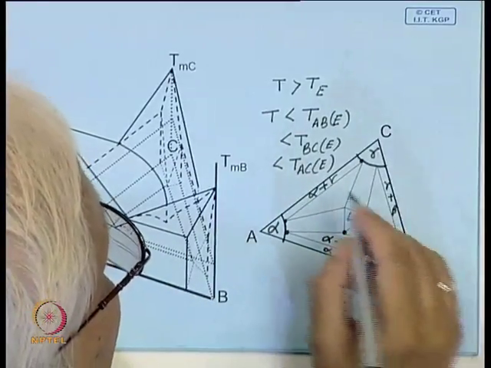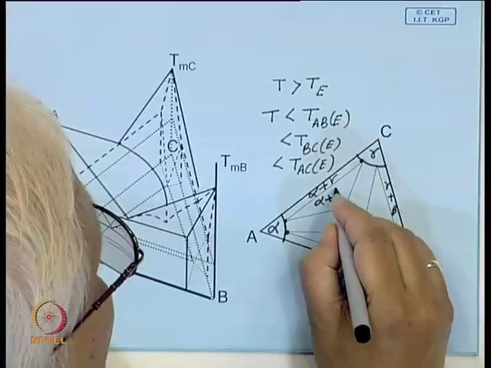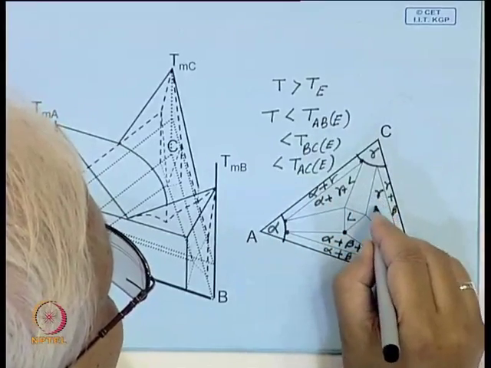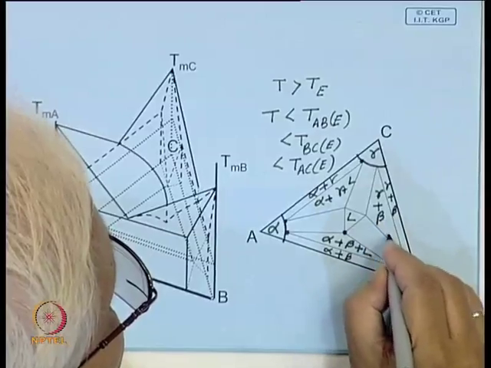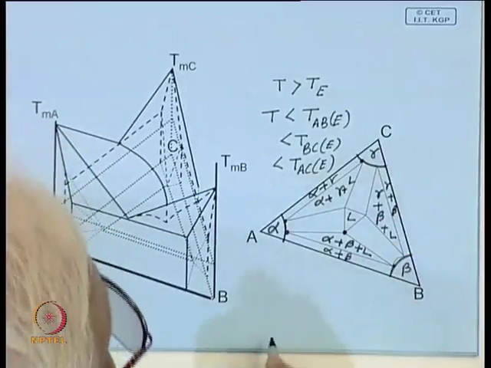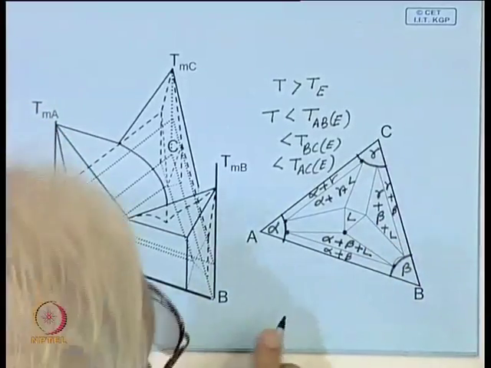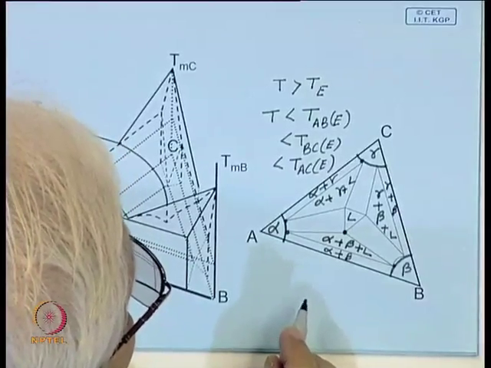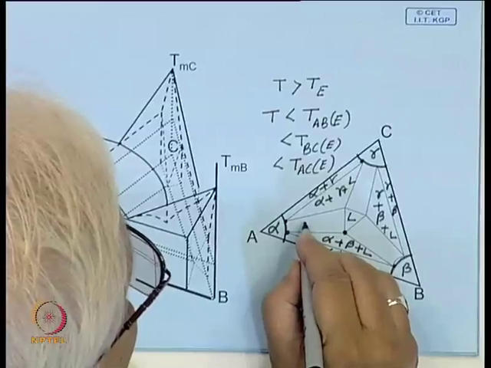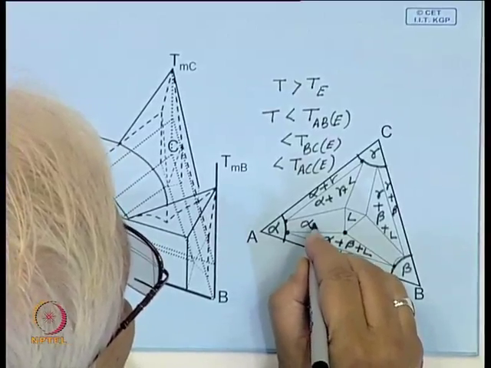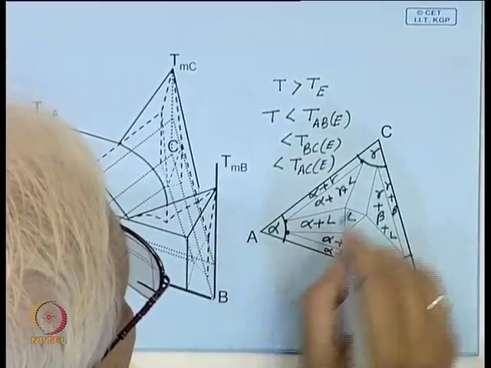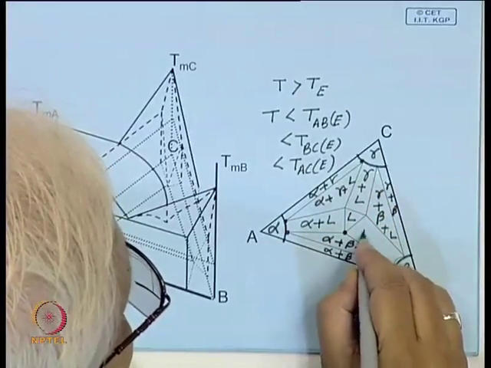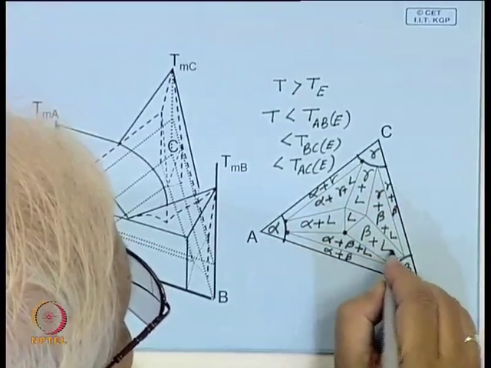This portion will be alpha, gamma, liquid, this portion will be gamma, beta plus liquid. And these regions will be binary regions: alpha plus liquid, this will be gamma plus liquid, this will be beta plus liquid.